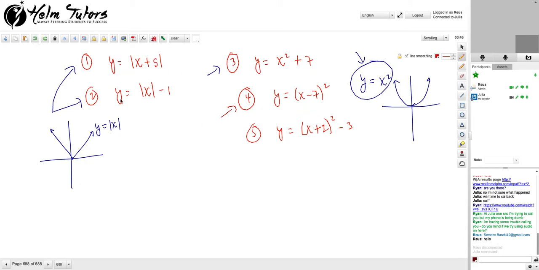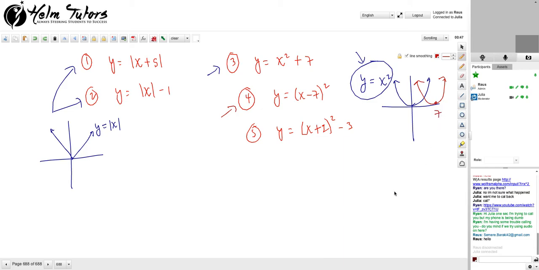So then it's got to be left or right. So it's going to be to the right 7. So if I were to graph 4, it would look like this, where this number right here on the vertex would be 7. Does that make sense?